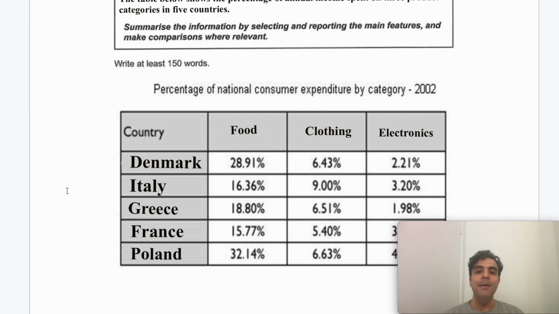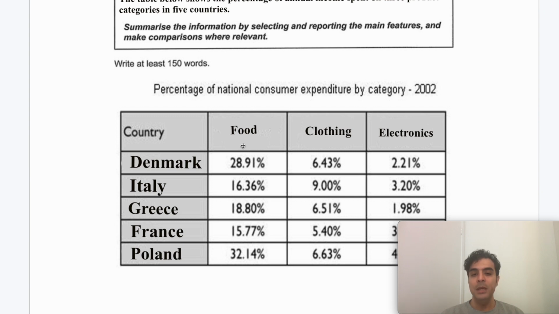So we're looking at food, clothing, and electronics in Denmark, Italy, Greece, France, and Poland, right? So this should give you a fairly good idea. But what are these percentages we need to know? It's the annual income that's spent, right? So it's very straightforward. You can basically point to any one of these cells and you should be able to tell what is being shown.